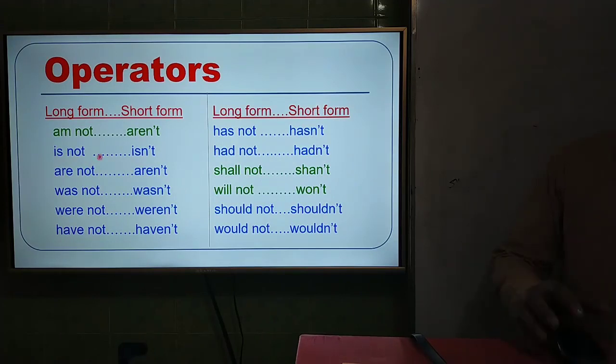Okay, look here. On the left side, these are the long form: am not, is not, are not, was not, were not, have not, has not, had not, shall not, will not, should not, would not. And these are the short form. You look, the short form of am not is aren't.